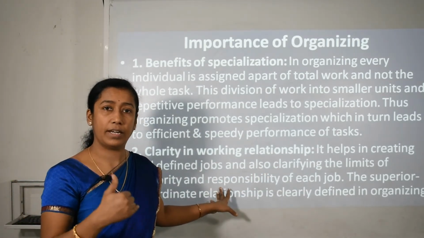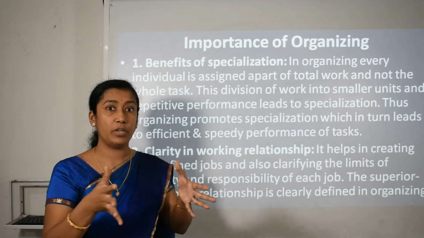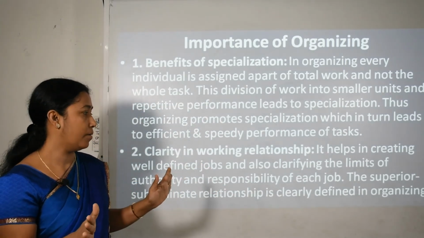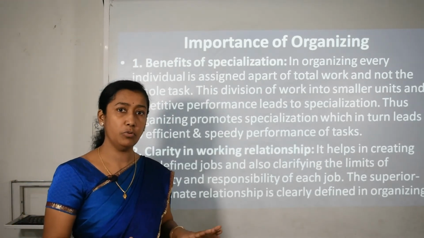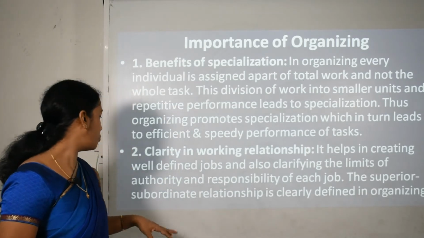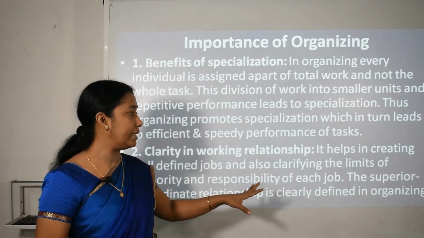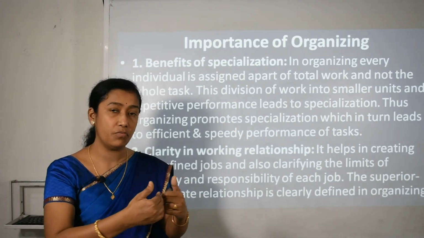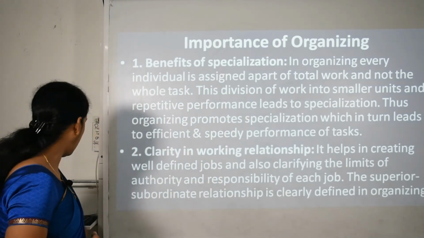That means it helps the relationship between authority and responsibility. Each relationship is very clear, so there is no doubt, chances of errors are less, and no confusion. The superior subordinate relationship is clearly defined in the organization, so each individual knows within which limit I need to perform the task.